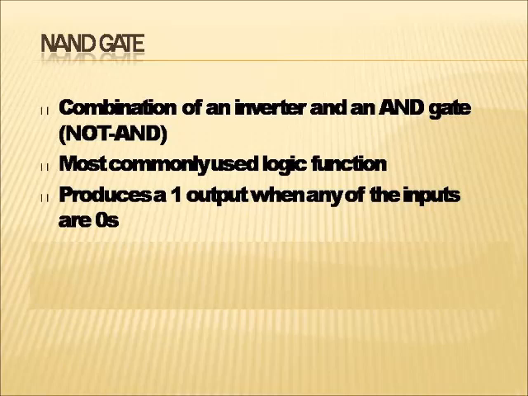So it is a combination of NOT and AND gates, and it is commonly used in logic functions. In the case of output, it produces 1 as output if any of the inputs are zeros. If any of the inputs are zeros, then it produces a 1.